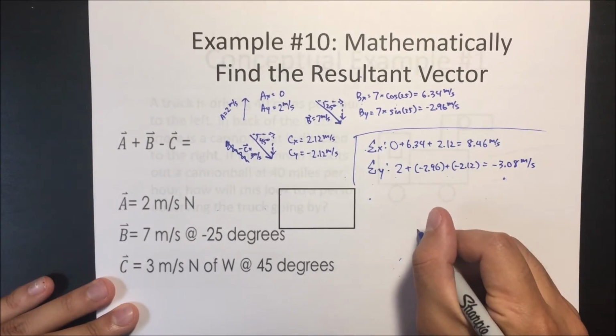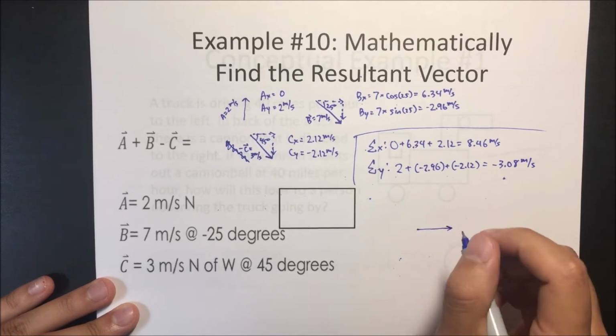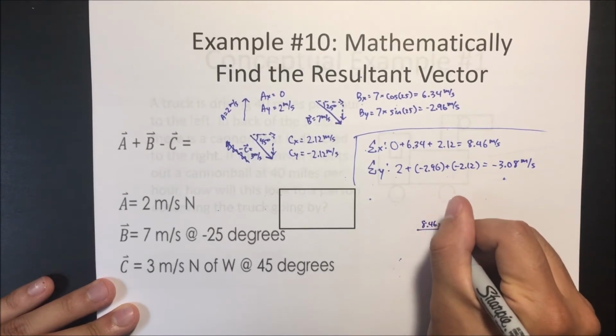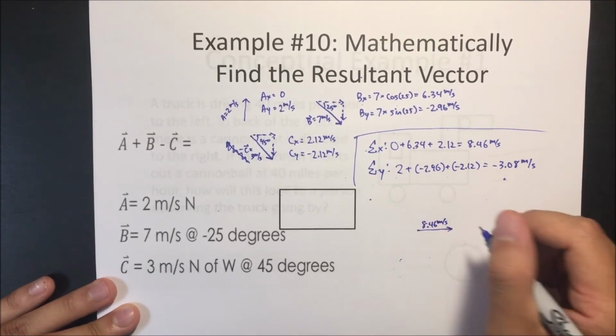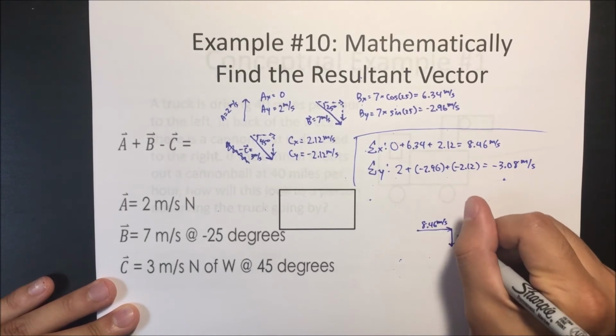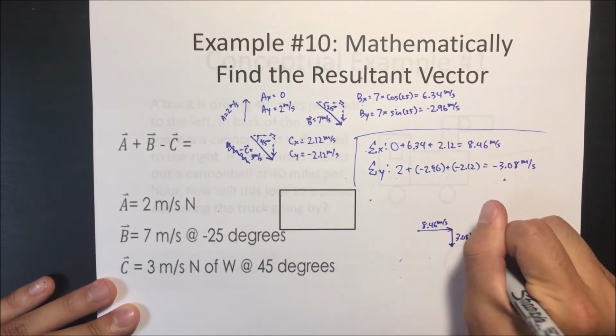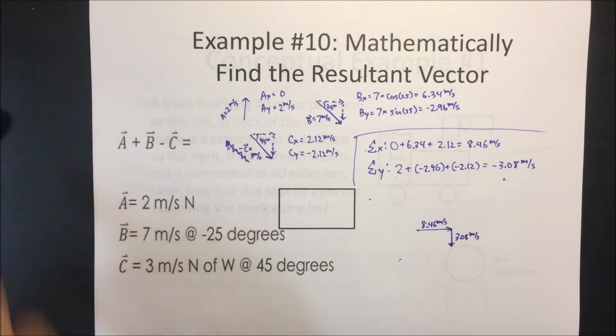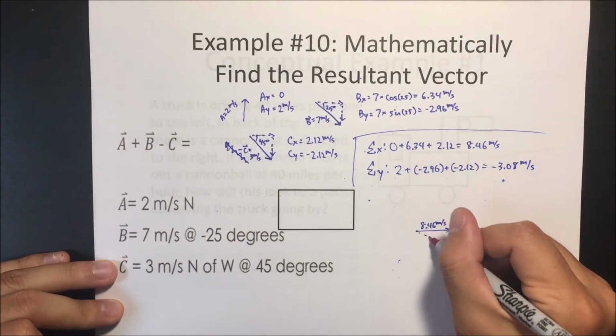Okay, now let's draw this out finally. So we're going to start with the x. We're going 8.46 meters per second to the right, and then down 3.08 meters per second. Now draw our resultant vector.